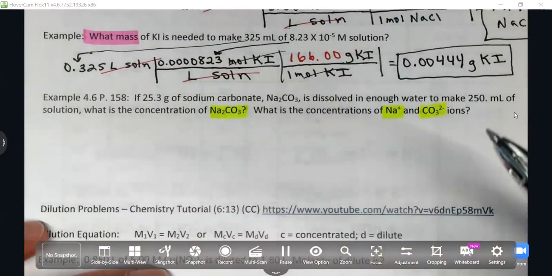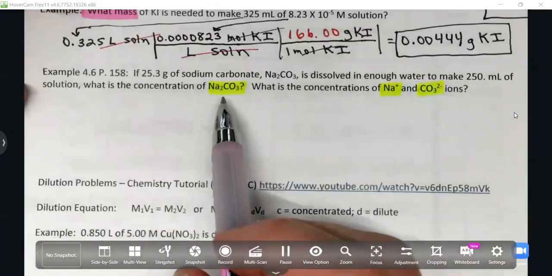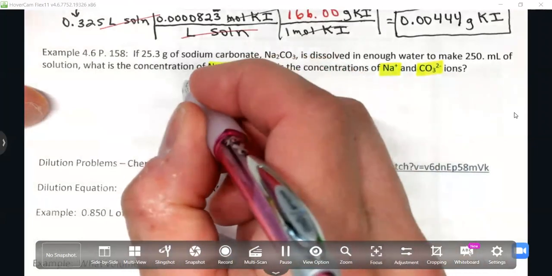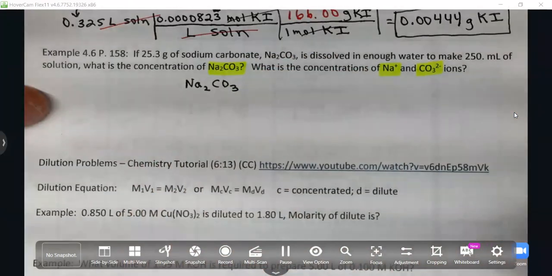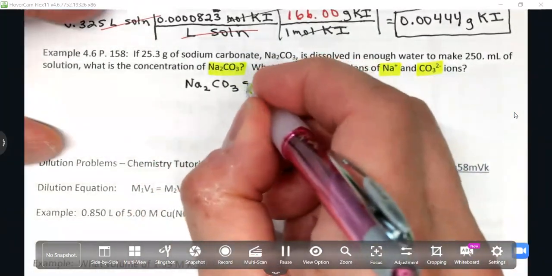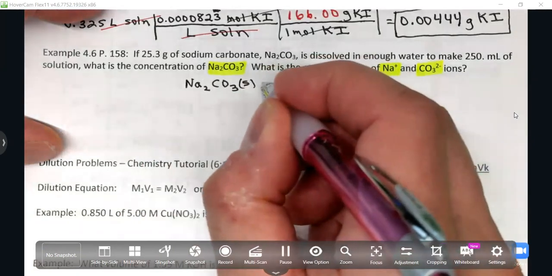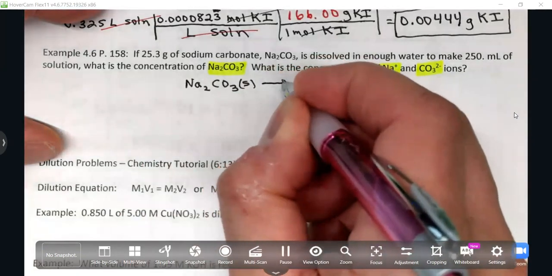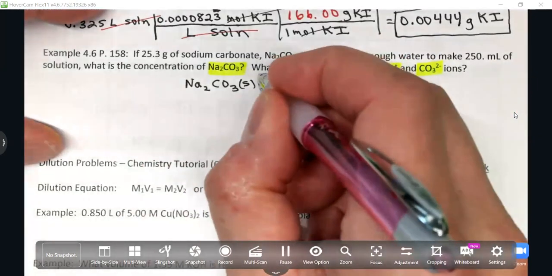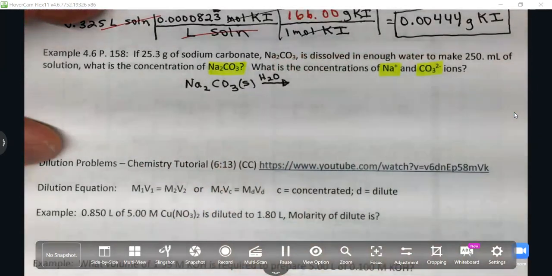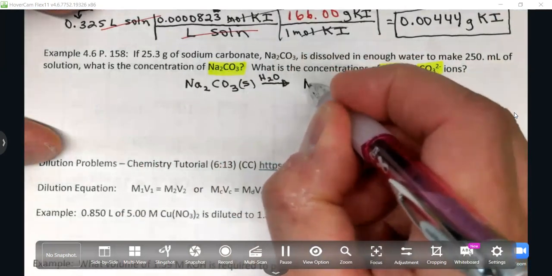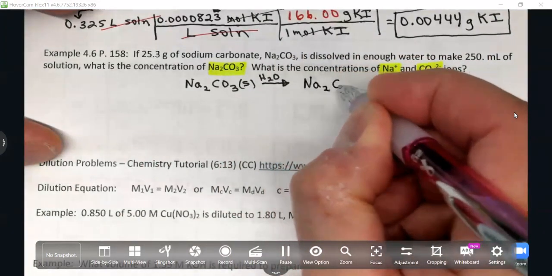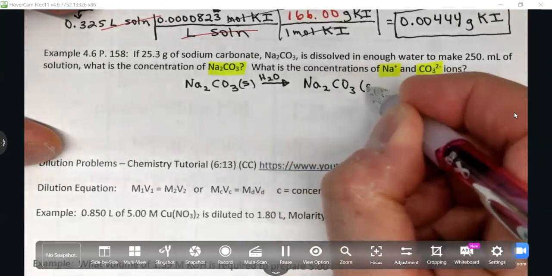So the first thing we've got to look at is if this becomes a solution, this is aqueous. We're going to dissolve this solid up. It's going to become an aqueous solution. Now, the solution is going to be labeled Na2CO3 aqueous.